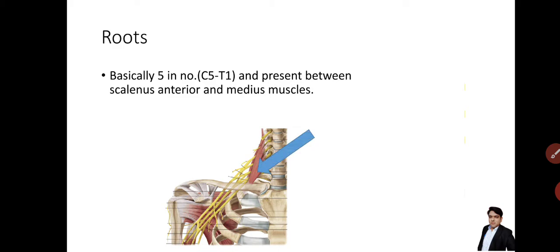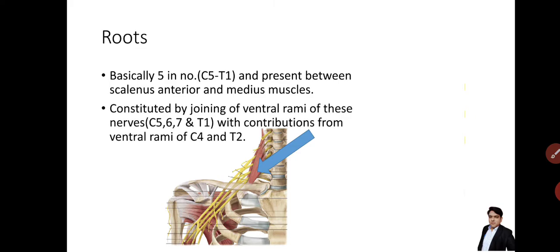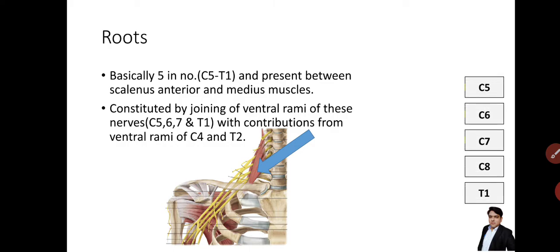Anterior is scalenus anterior and posteriorly scalenus medius, and in between these two the roots of brachial plexus are present, constituted by joining of ventral rami of these nerves C5 to T1 with smaller contribution from ventral rami of C4 and T2. So these are the spinal segments C5 to T1, and from this these are the roots.